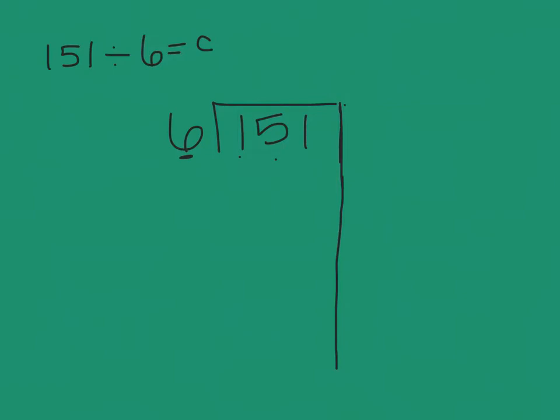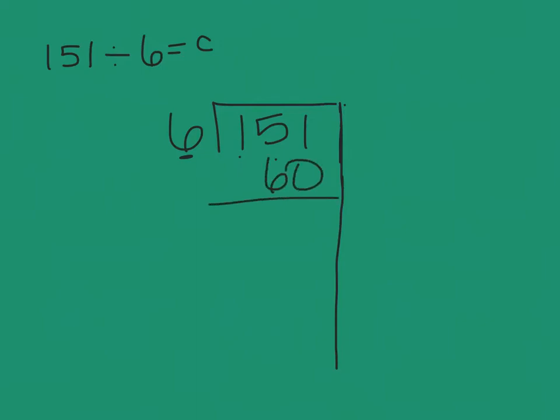I often say that 5s and 10s are good places to start, sometimes 11s because you have that in your quick drive memory. So I'm going to ask, what large number do I know that 6 will easily divide into? Well, I know 6 can go into 60.